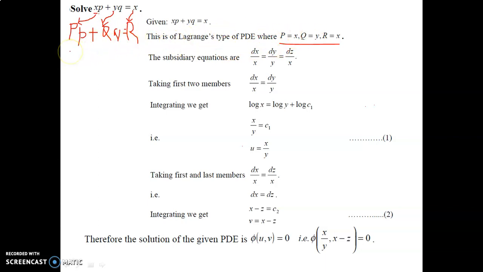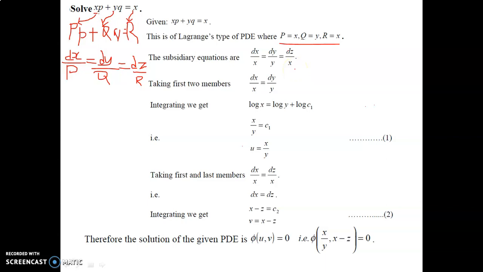The second step is we need to frame the subsidiary equation, which is given by dx by capital P equal to dy by capital Q equal to dz by capital R. As we have identified capital P, capital Q, capital R, we can write dx by x equal to dy by y equal to dz by x.